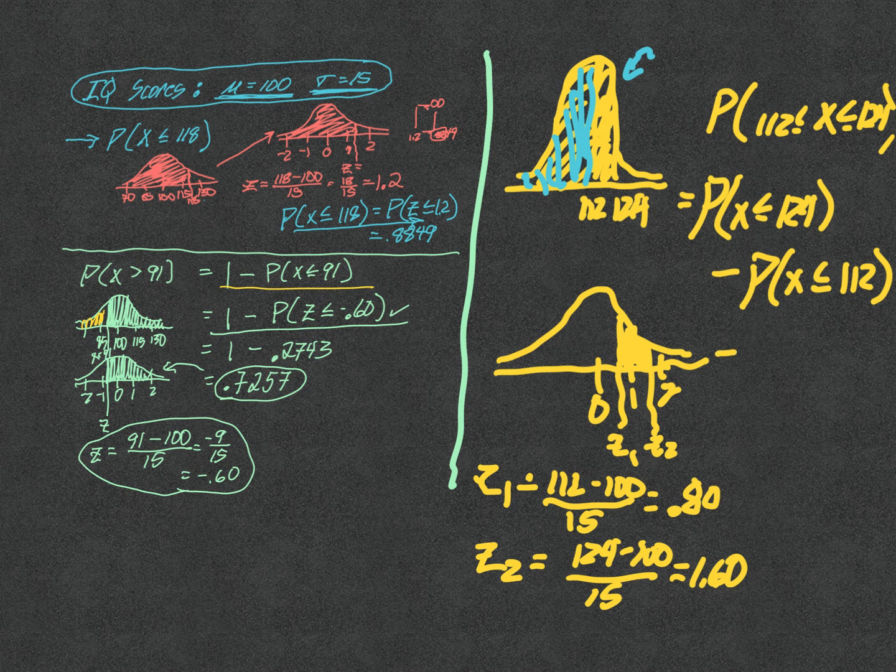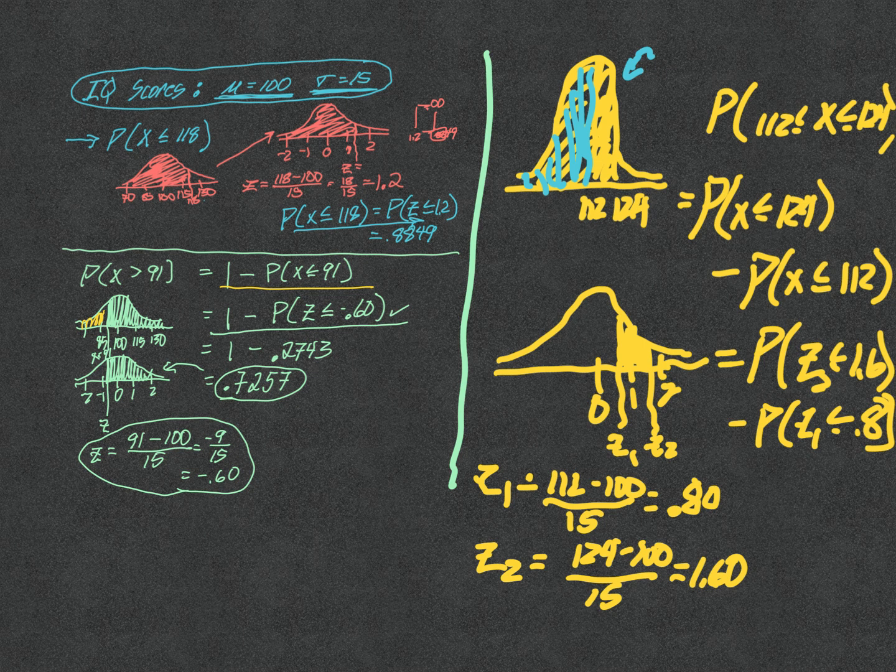And so our probability statement now becomes the probability that z2 is less than or equal to 1.6 minus the probability that z1 is less than or equal to 0.8. And you could have just left them as z.